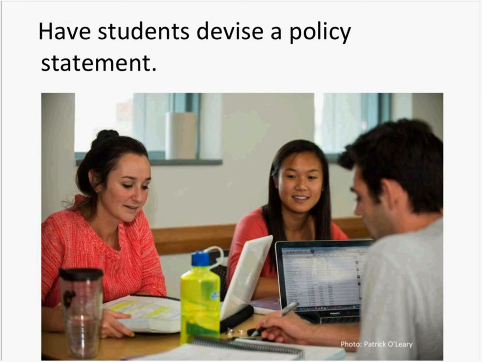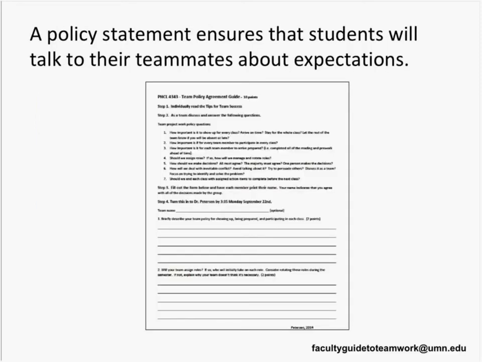And this slide here shows an example of a policy statement that you can find on the Faculty Guide to Teamwork website. And this can be modified for whatever your class is. I would suggest if you have students do a policy statement, have them do it very early in the semester, even before they start working on their team project.